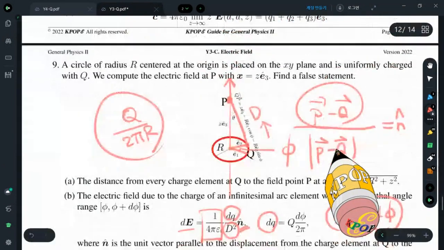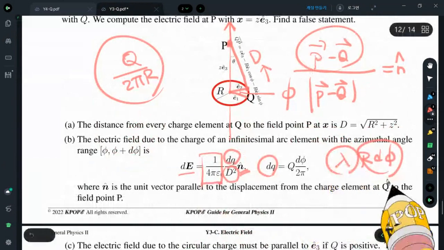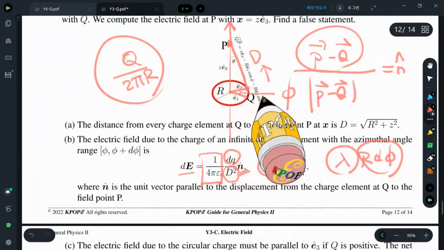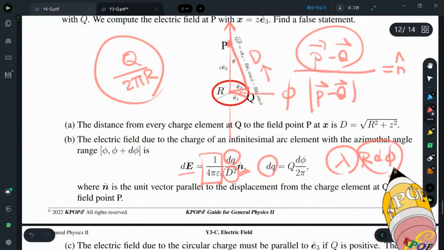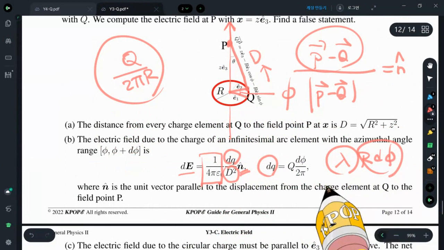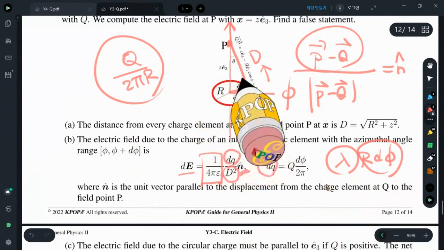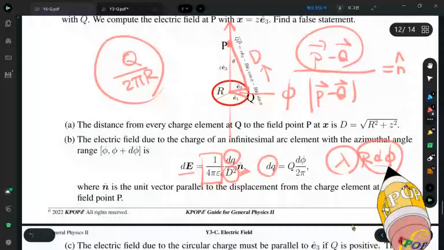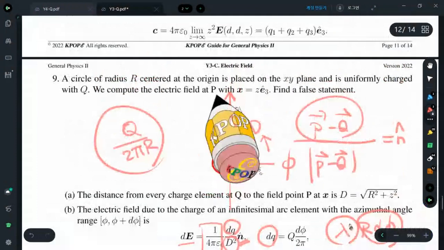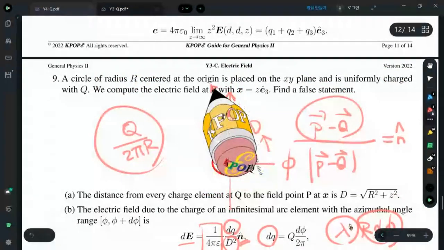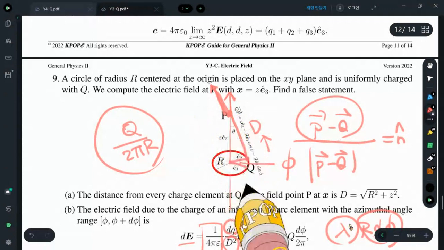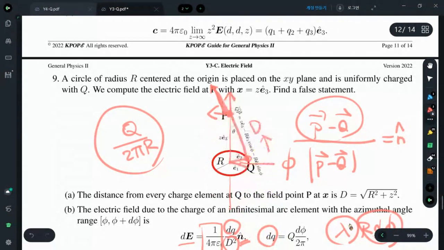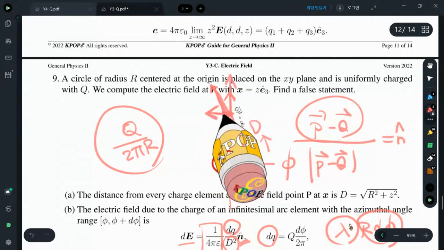Here, in principle, we can do it by taking the integral. However, every charge is placed in here. The contributions are the same. So this integral will be trivial. And because of the symmetry among these contributions, it is always decomposed into two pieces.